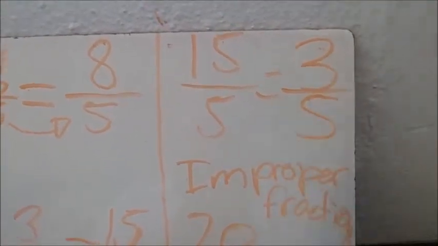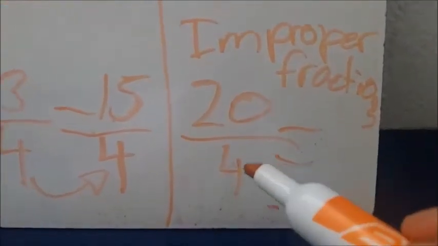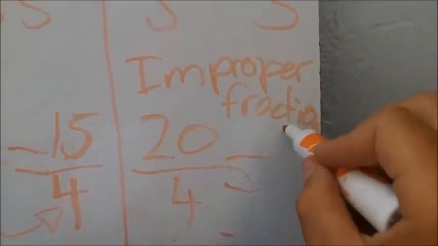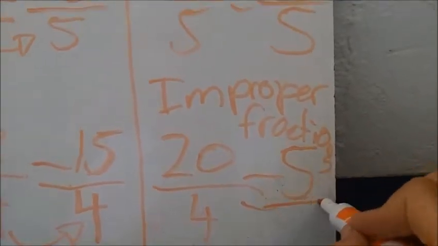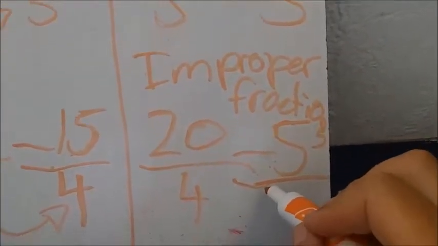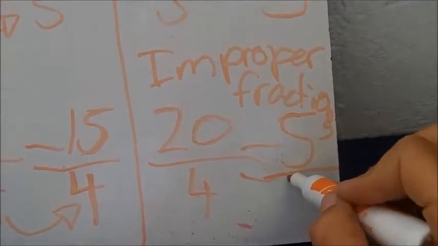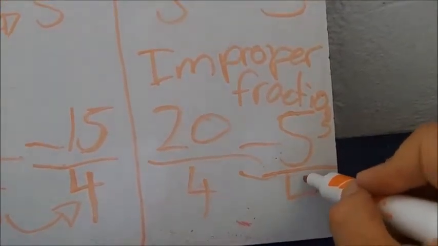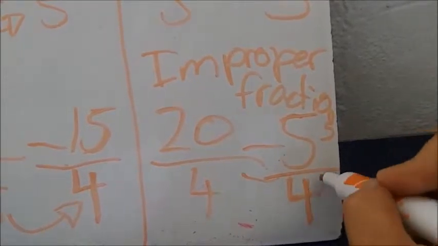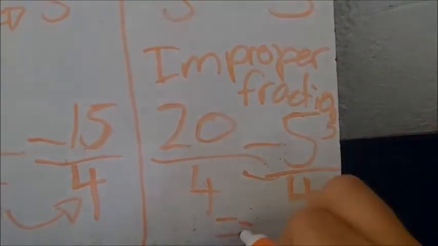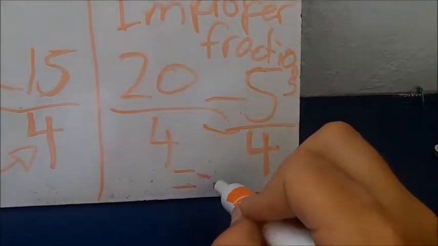Now the 5 over 4, because you're just dividing it, would then simplify down into a mixed number, 1 and 1/4.